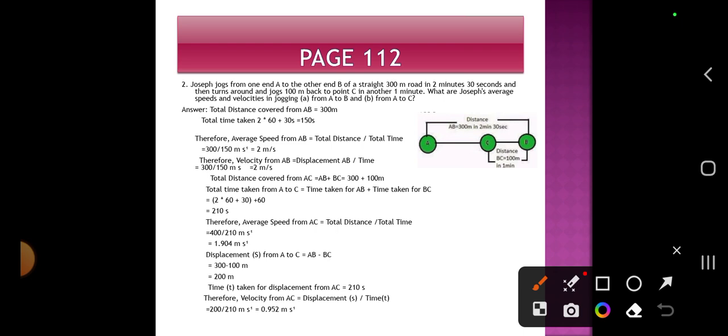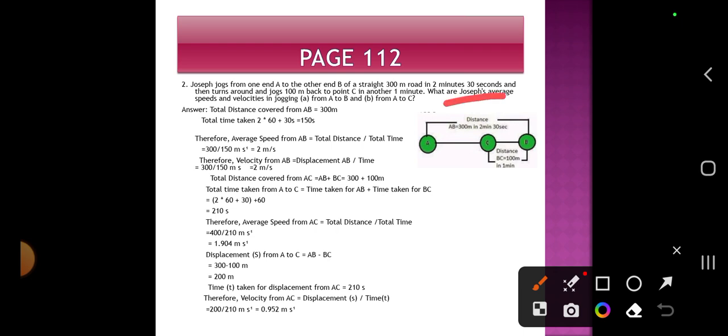Now average speed is the total distance upon total time. We have total distance 300 meters and total time 150 seconds, so we get 2 meters per second, that is the average speed.